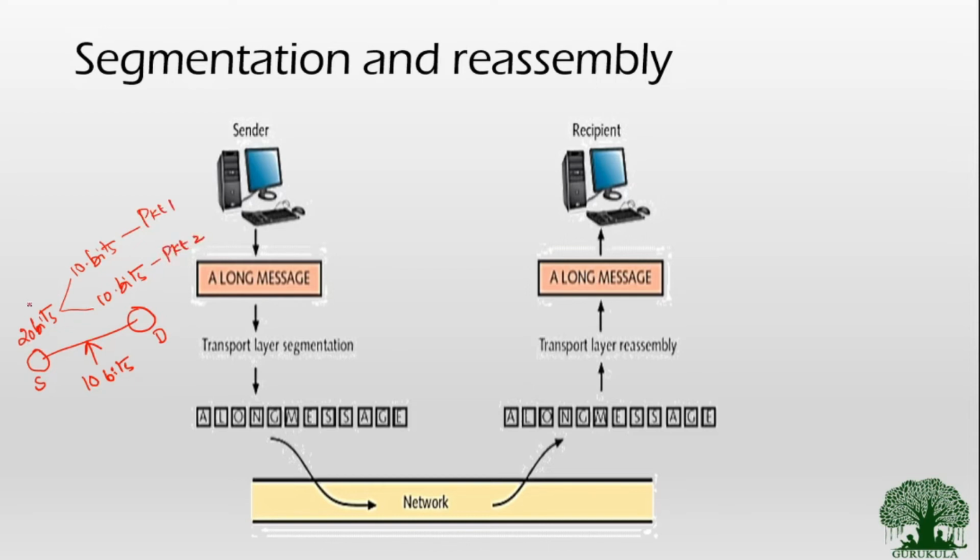As we can clearly see, my message is being segmented into several packets. The number of packets will be decided by the maximum capacity of the link. A very long message will be segmented into small sections, and each small section we call a packet. All the packets will travel on different routes in a network, and finally reach the destination system.